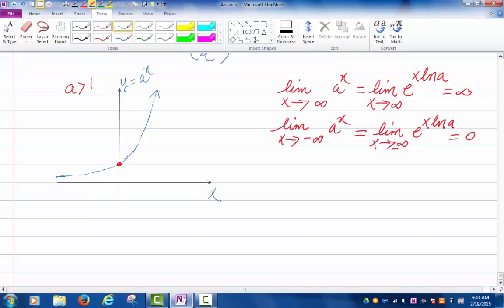Can someone tell me what would be the graph of a to the negative x? Still a is greater than 1. Do I need to worry about concavity and so on? No, there is a relationship between the graph of a to the x and the graph of a to the negative x.